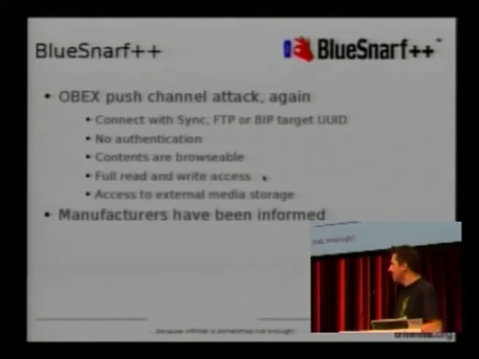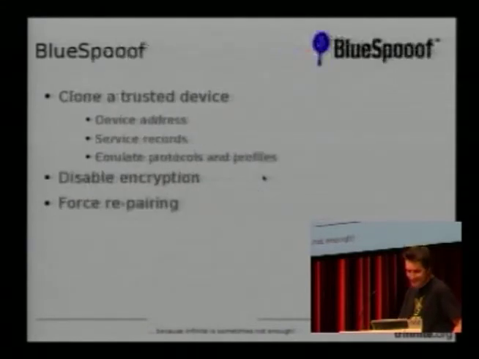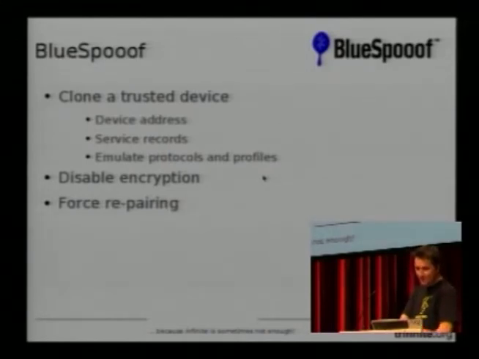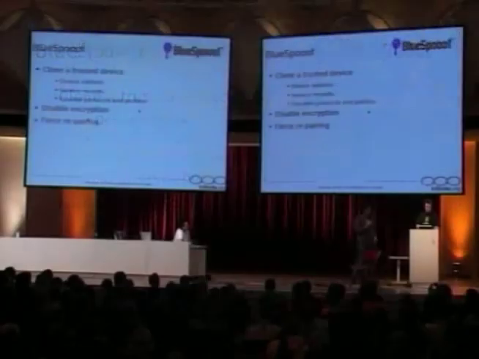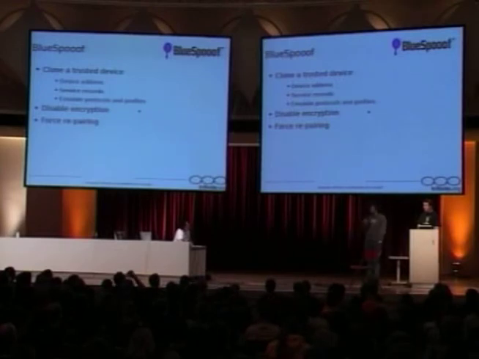All right, that was over BlueSnarf++. See, and now you know what the plus means. The BlueSpoof, Marcel made it possible that you can set an address on your Bluetooth dongle. That doesn't mean that you're fully cloning another device, because the link key is still the part you don't have.